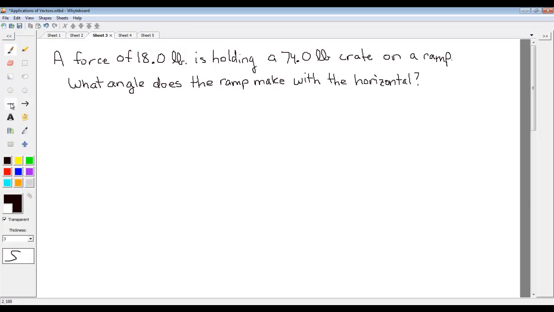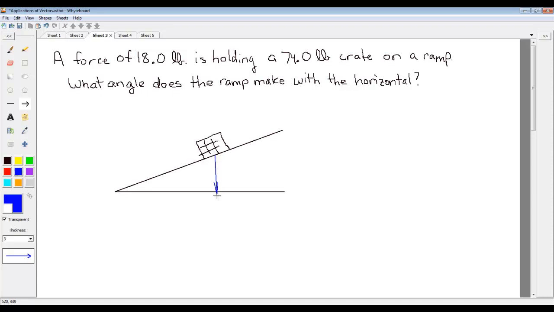Alright, so do some quick sketching here. We've got a horizontal, we've got a ramp. We've got a crate that's sitting on there, some kind of wooden crate. We've got a 74-pound crate sitting here.